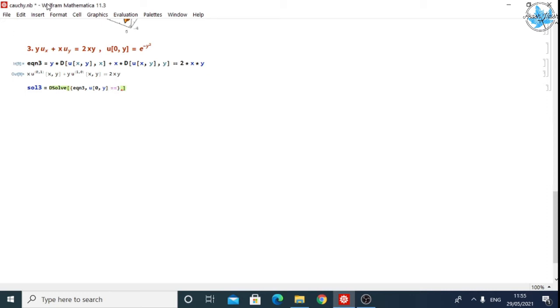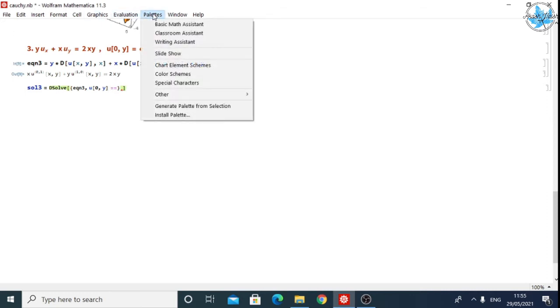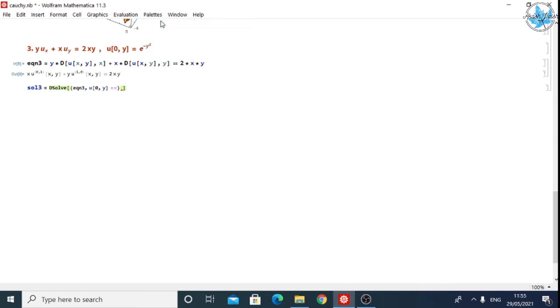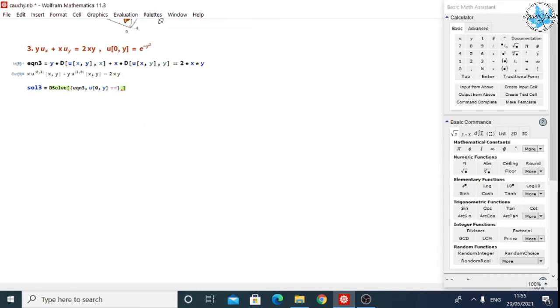For this we will use the palette section. So from here this is my e, that is exponential e raised to the power minus y raised to the power square.